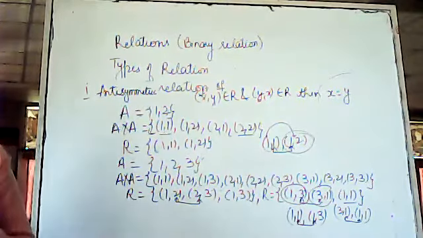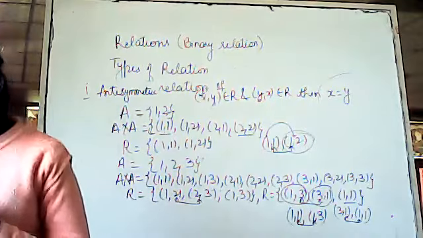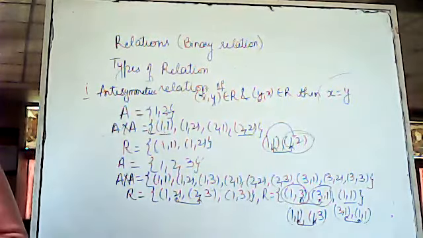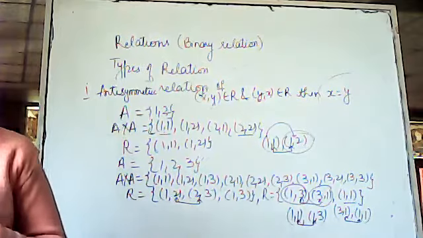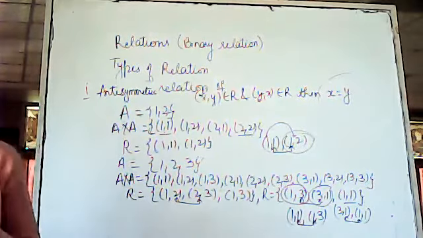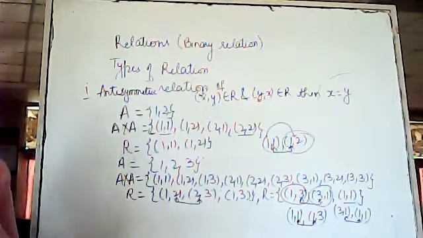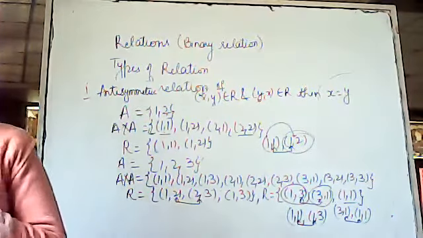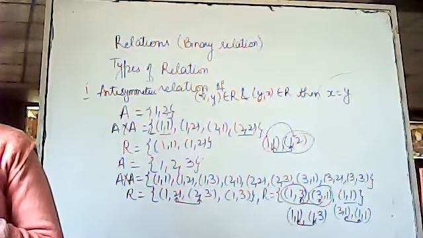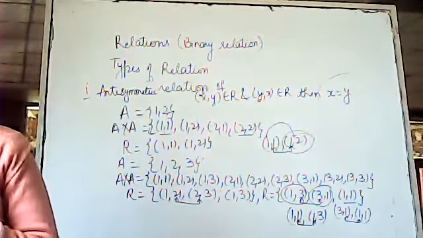For example, identity relation is anti-symmetric relation. जो हम लोगों ने identity relation किया था, this is also anti-symmetric relation. I hope that you can give example by yourself. ठीक है? For example, identity relation is anti-symmetric relation.